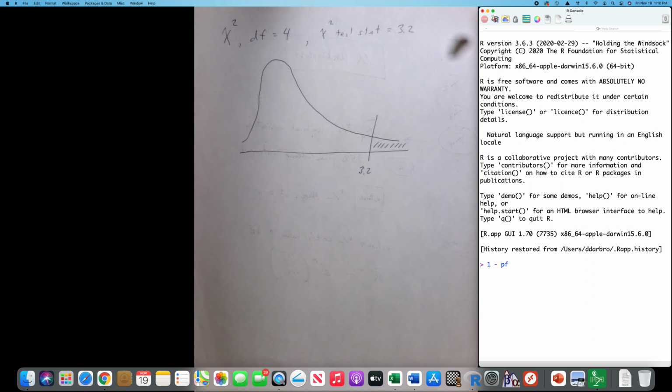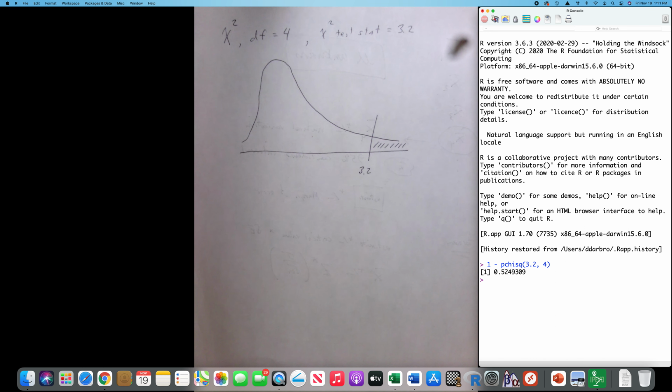Again, since the area is to the right, we need to subtract from 1 because, getting ahead of myself, pchisq, pnorm, pt, pf always find area below. So we need to subtract from 1 to accommodate for that. So we have 3.2, degrees of freedom equal to 4.